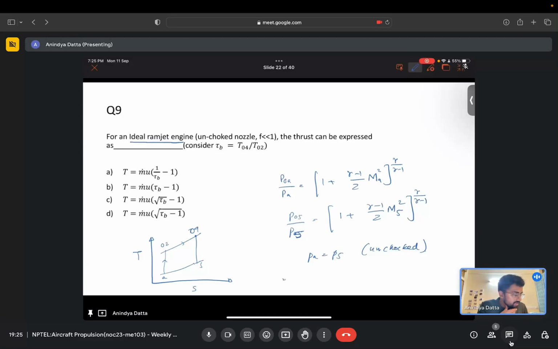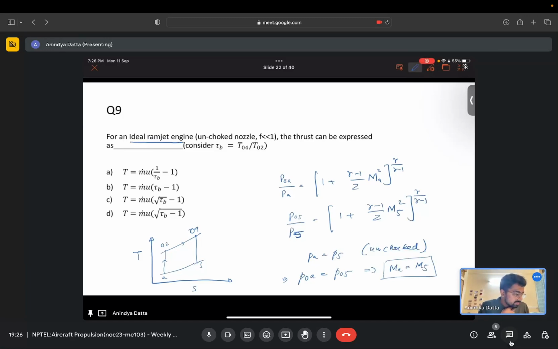So PA is equal to P5, which means that P0A is equal to P05. This will imply that the Mach number is the same.